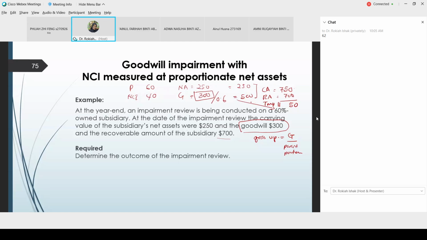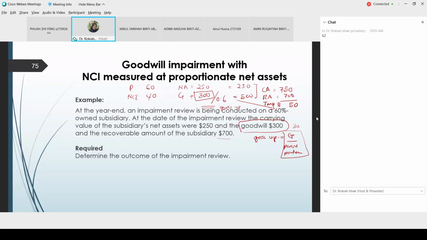The total amount of the goodwill that you have here is 500. How we're going to find this one is 300 divided by 0.6. So this is what you mean by gross up. How is the formula to find the gross up? The amount of the goodwill here divided by parent portion, because this 300 here is only for parents.